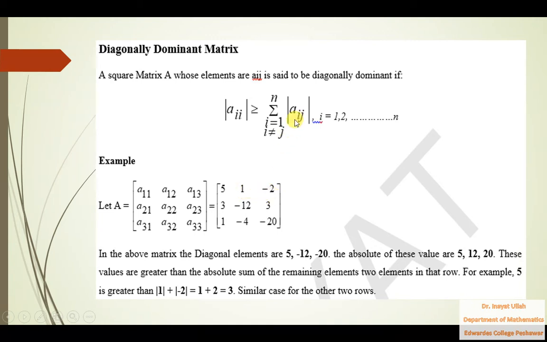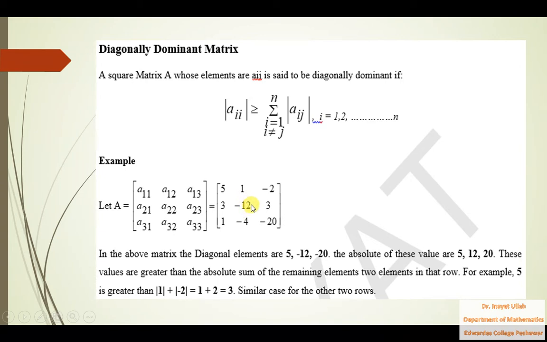The absolute value of minus 2 is plus 2, so 1 plus 2 is 3, so the sum of these two is less than this diagonal entry. Or in another way, we can say that this diagonal entry is greater than the sum of the rest of these two elements. Similarly, this is the diagonal entry for the second row, this element.